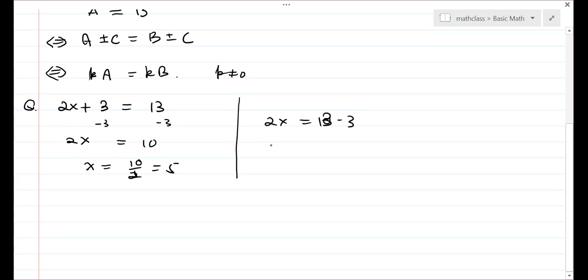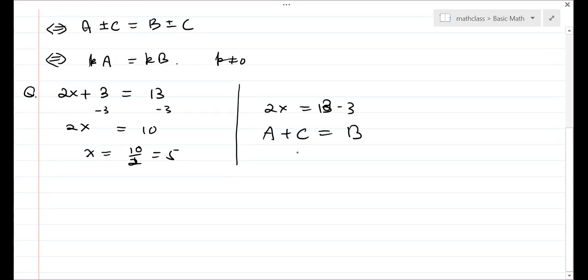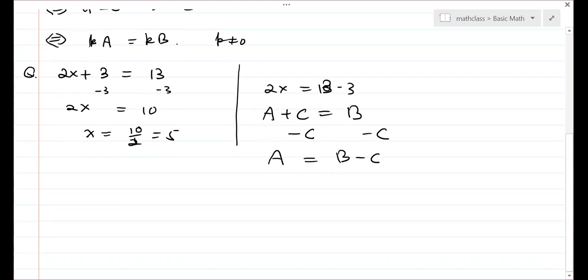So a more abstract way is if you have a plus c equals b, right? Then what you do is subtract the c from both sides. Then the left-hand side is a, and the right side is b minus c. So it looks like you move c to the right-hand side and change the sign. Actually, what you do is subtract c from both sides, and you eliminate the c on the left-hand side, and you put a negative c on the right-hand side.